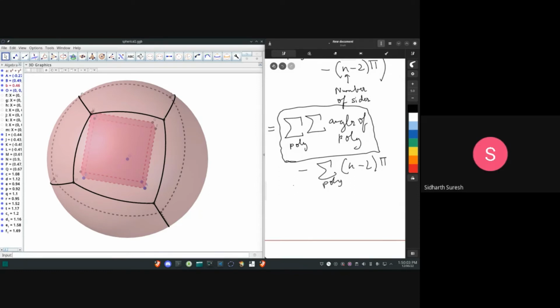Number of vertices times 2 pi. Exactly. So basically, this is just the sum of all the angles of every polygon, right? And for each vertex, there are these angles associated with it. And since all the angles sum up to 360 degrees, it is nothing but 2 pi times the number of vertices.